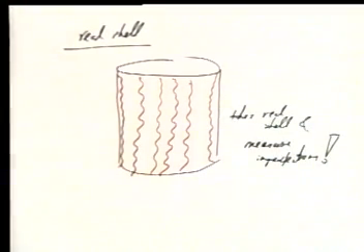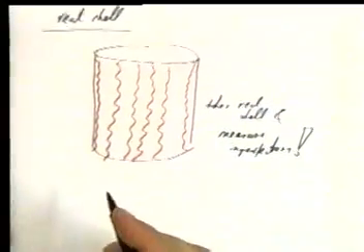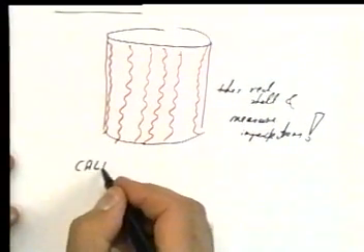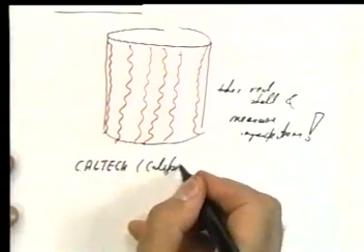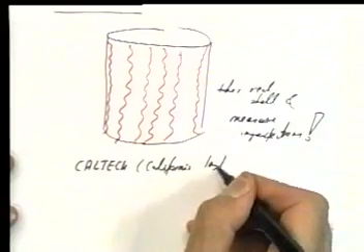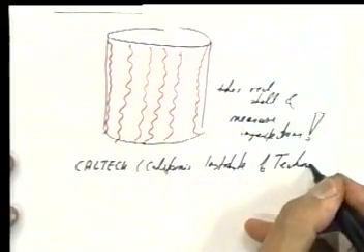And such devices are available in many places to measure imperfections, like Caltech. Caltech means California Institute of Technology.